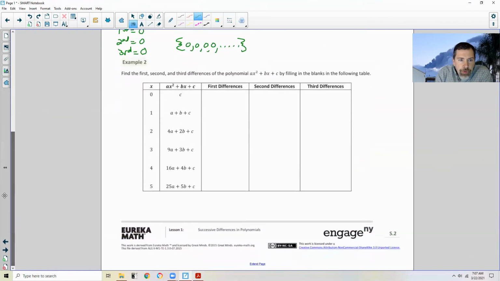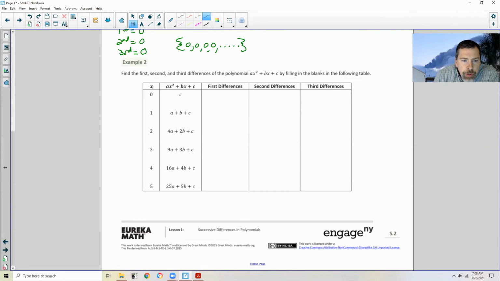And finally, example 2, find the first, second, and third differences of the polynomial ax squared plus bx plus c. So this is a quadratic, by filling in the blanks in the following table. Here is the polynomial standard form.